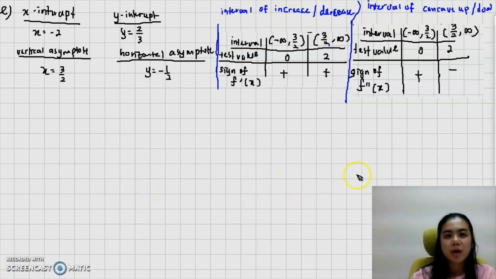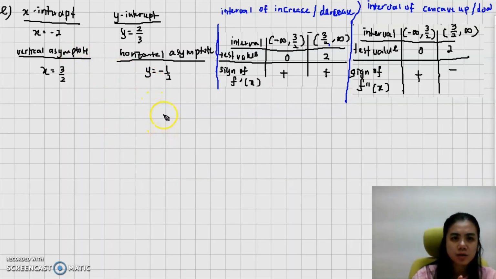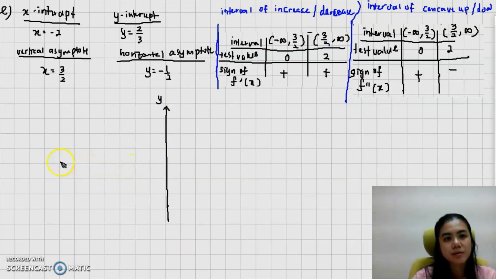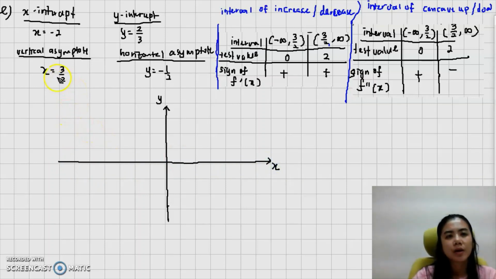The first thing that we have to look at is the asymptotes, the vertical asymptote and the horizontal asymptote. So let's just draw the x and y axes first. We have y, and then we have the x-axis. x equal to 3 over 2 is roughly here, so we have a dotted line.